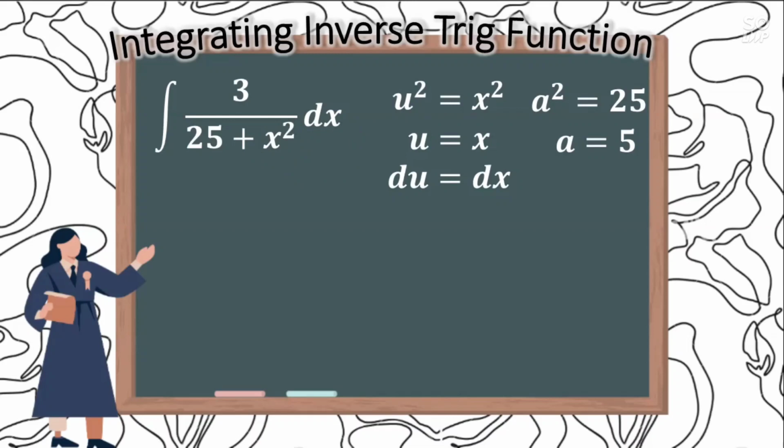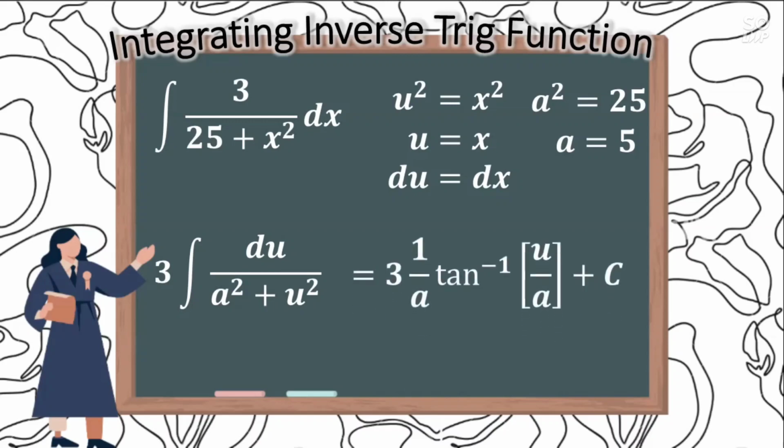So from the formula that we know, the antiderivative of du over a squared plus u squared is 1 over a arctan u over a plus c. Now that we have the constant in front, we've got to multiply this by 3.